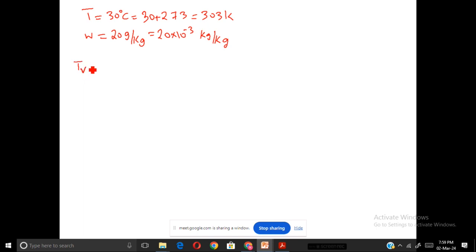Now we want to calculate TV. TV is given as T into (1 plus 0.61 into W), which is 303 into (1 plus 0.61 into 20 into 10 raised to minus 3). Which will be, can you calculate and tell me?